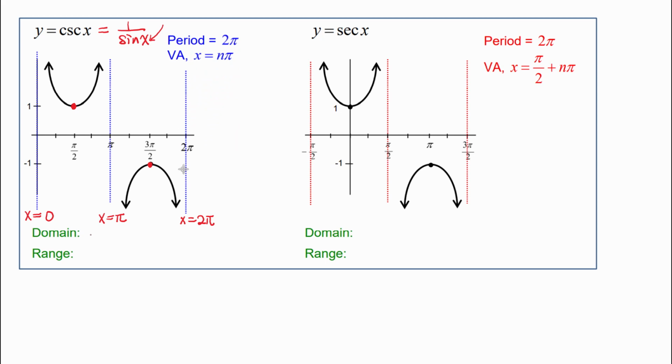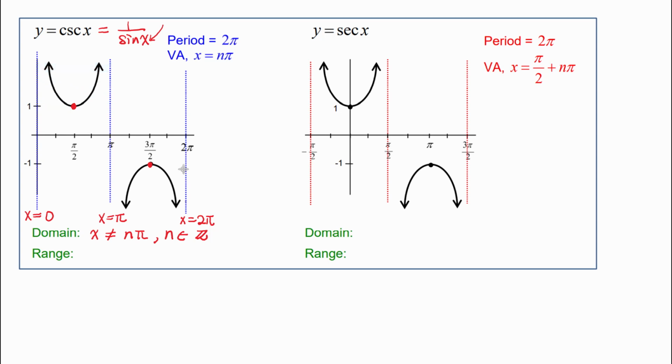So then the domain of y equals cosecant x is x not equal to n pi, where n is an element of integers. How about the range? You can see this graph is cut off, right? It's two pieces. And if you look at the first one, it goes from 1 up, up, up, all the way to infinity.